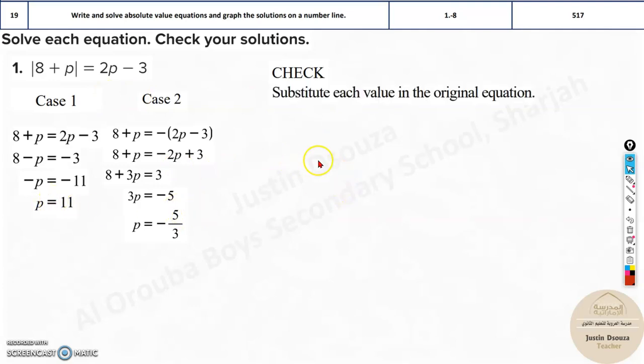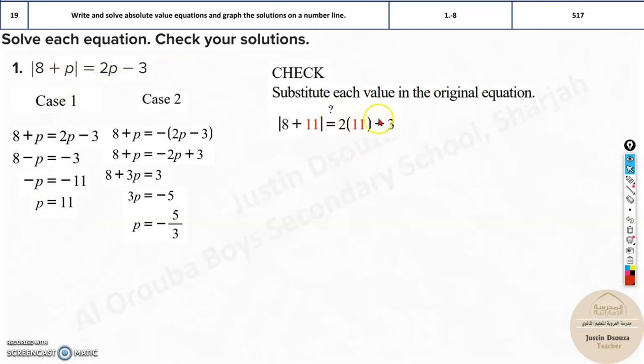Whatever answers you obtained must be put into this equation. Put it over here. 8 plus 11 is, and then you need to put it even on the right side. Okay, the same thing. Now, which one did you consider over here? 11 was considered, so we put the p value over here and we solve it.